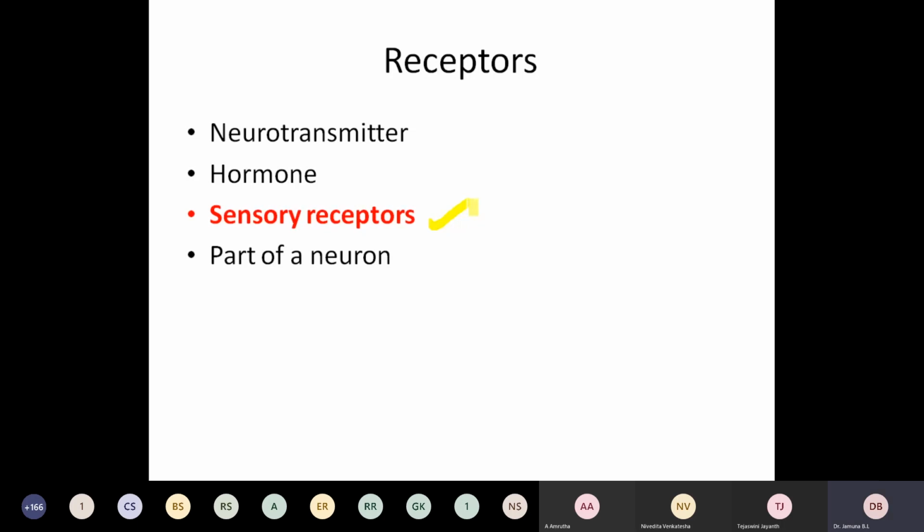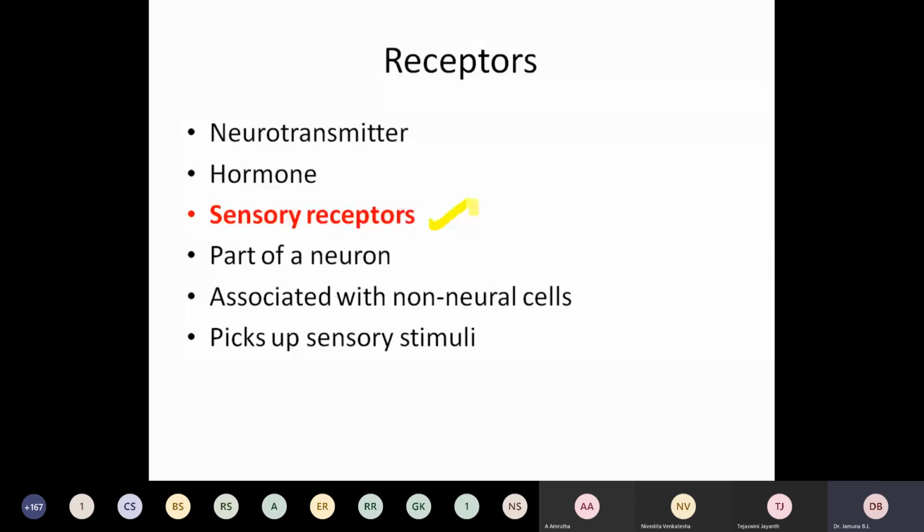These sensory receptors are a part of a neuron, and some receptors are associated with non-neural cells, and they pick up the sensory stimuli which the nervous system has to integrate and then give a proper response.